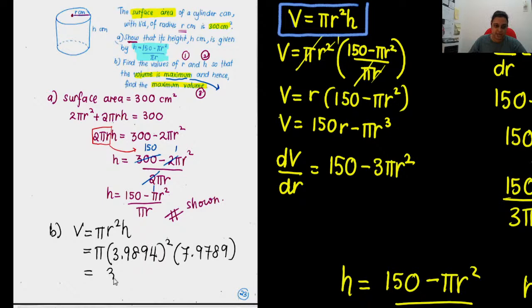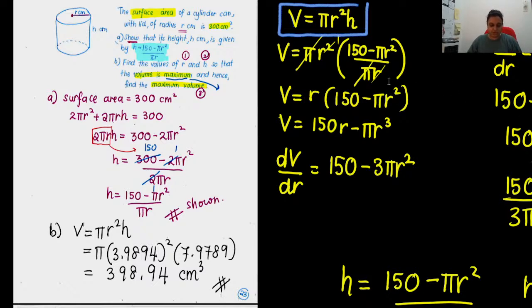So you'll get 398.94 centimeter cube, because this is volume. So at least we successfully done turning points and the application part.